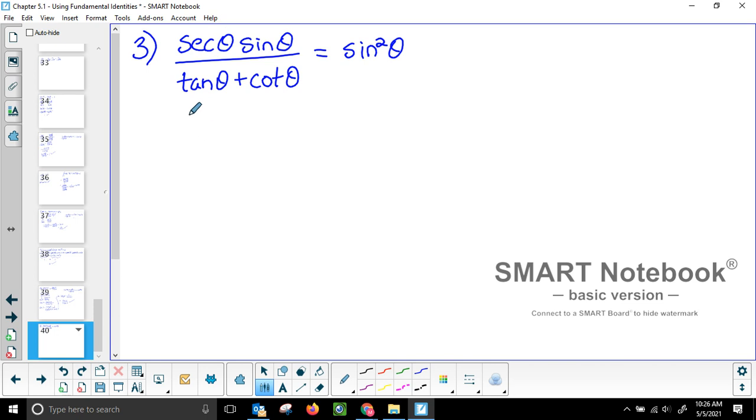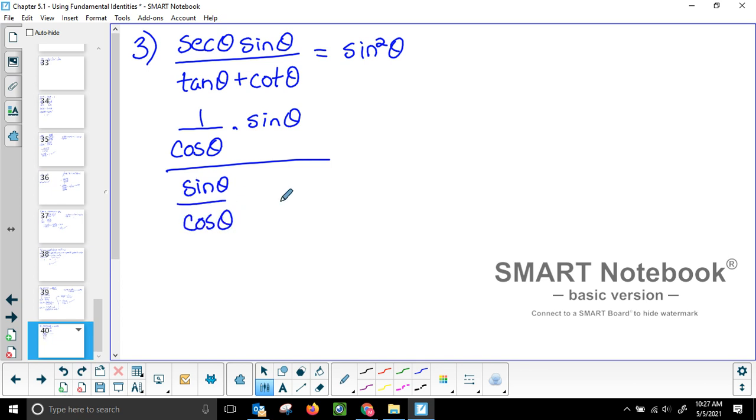So secant, I'm going to change to 1 over cosine. Sine is already good. Tangent is sine of theta over cosine of theta, plus cotangent is cosine of theta over sine of theta.